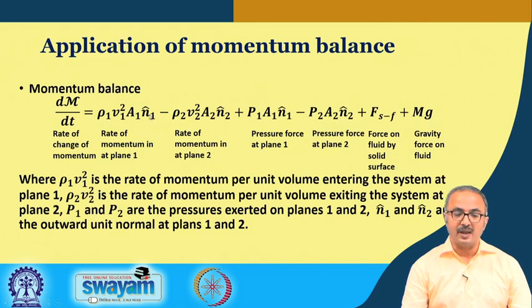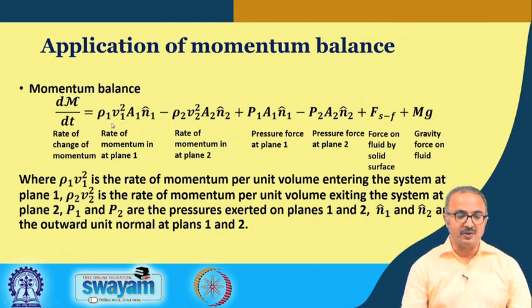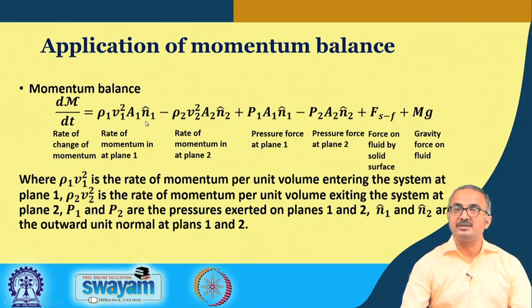Okay. And as you know, this is the unit normal that is coming out of the system. So, this is the mass flux into the area, that is giving me the rate of change of the momentum. Similarly, we have the mass flux as rho 2 into V2.